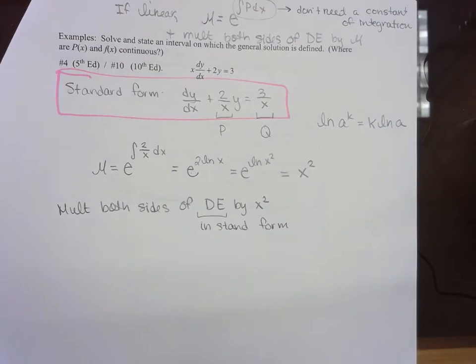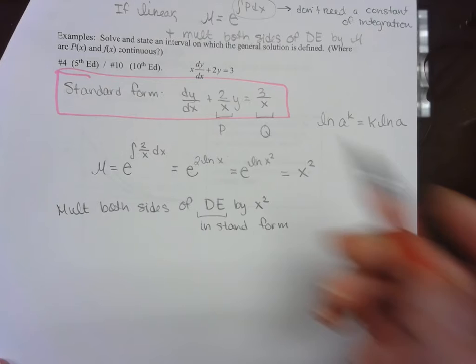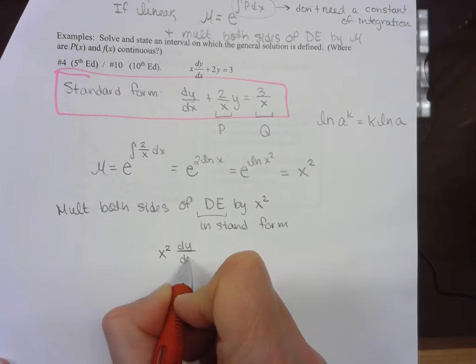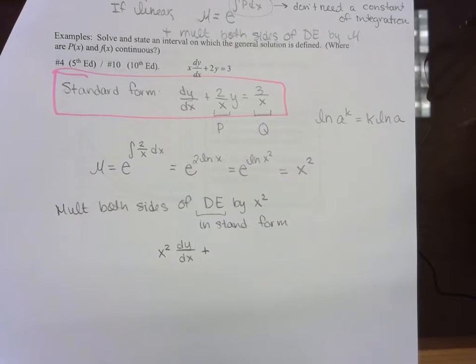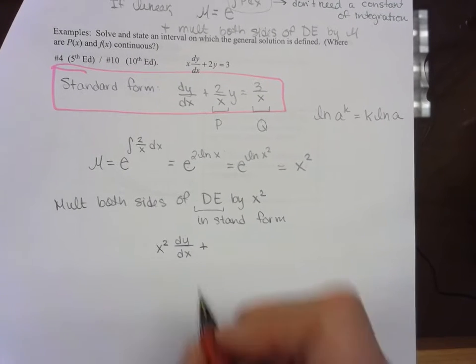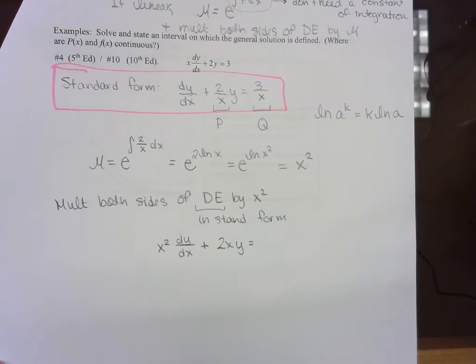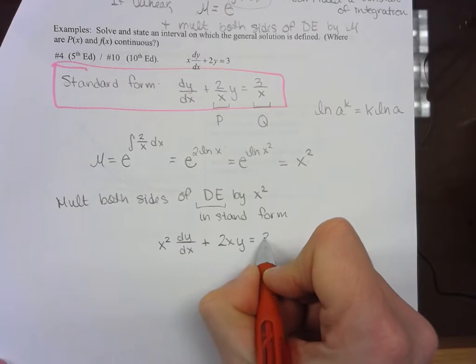So if I multiply through by x squared, I get x squared dy dx plus, okay, so x squared times 2 over x becomes 2xy equals, and then 3 over x times x squared becomes 3x.